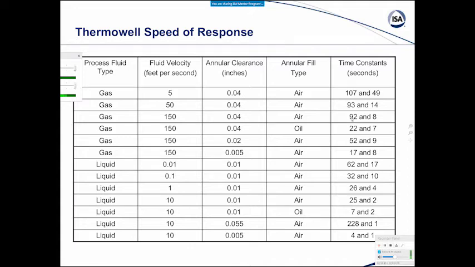And notice that there are two time constants, which is kind of typical for temperature responses, a large one and then a small one. And you can almost add these two up to get the effect in terms of additional lag and delay on the control system. So you can see how adding oil is going to make a dramatic difference.